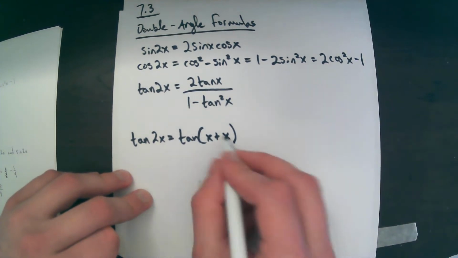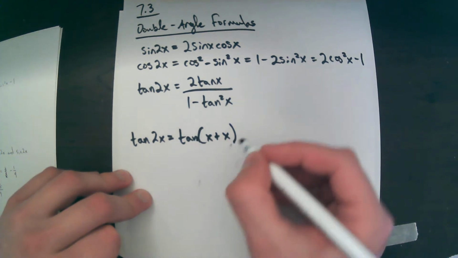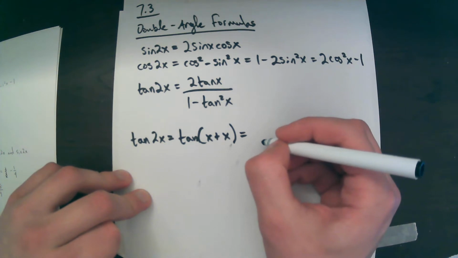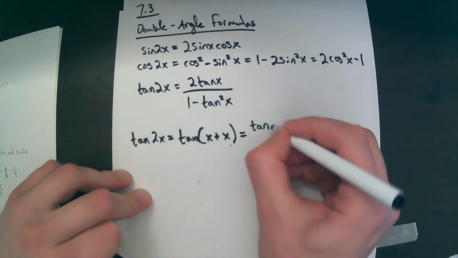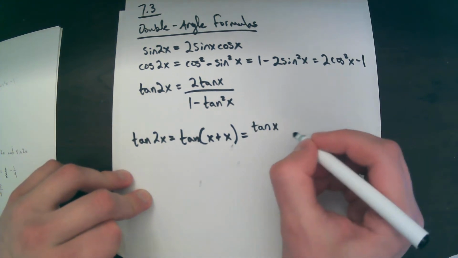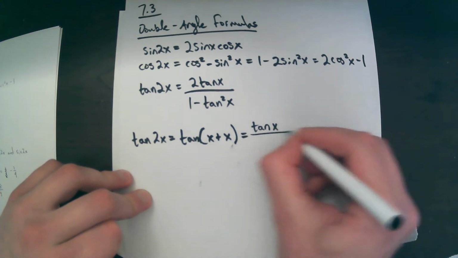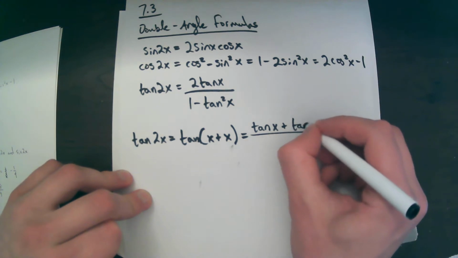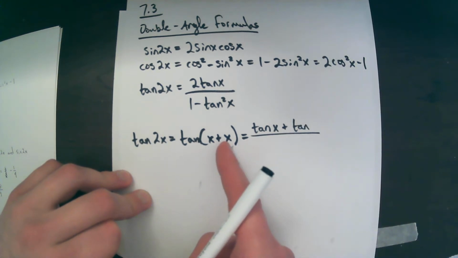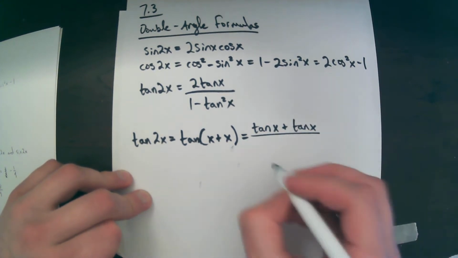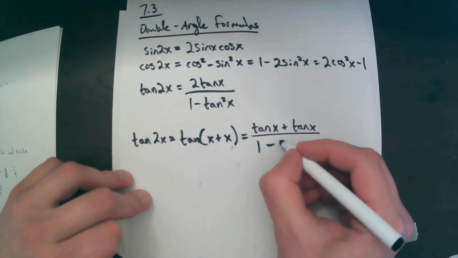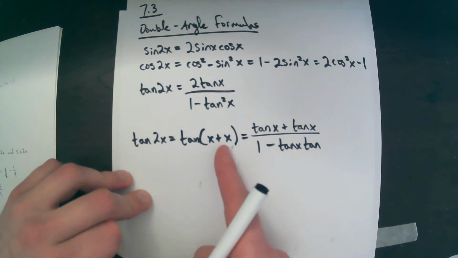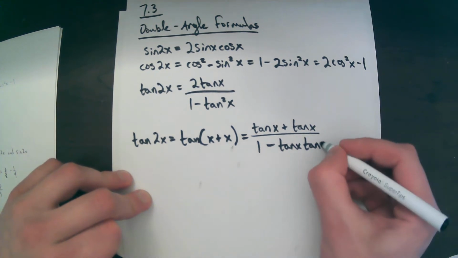And then I have a formula for a sum inside of my tangent, which is tangent of x plus tangent of the second variable, but here it's also x. And then in the bottom, 1 minus tangent of x times tangent of the second variable, but it's also x.